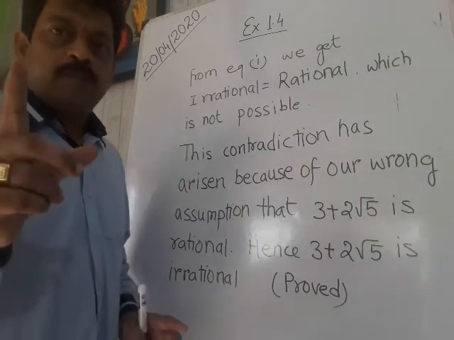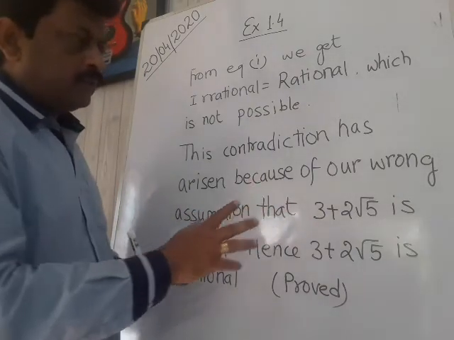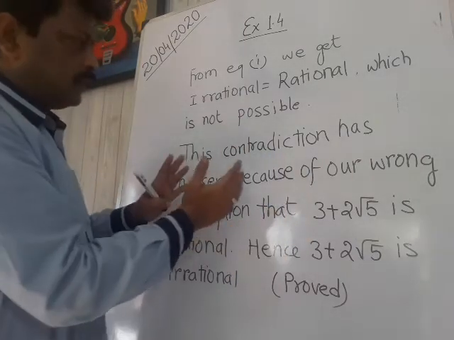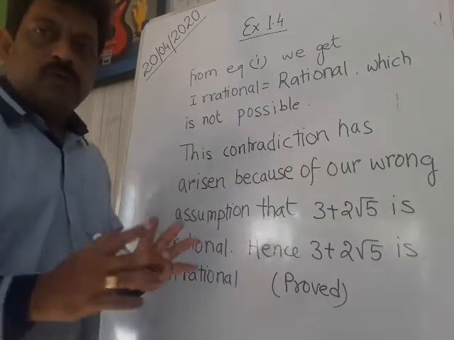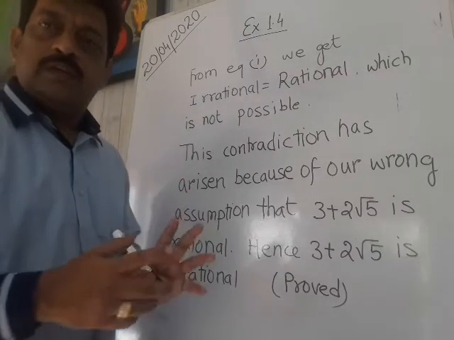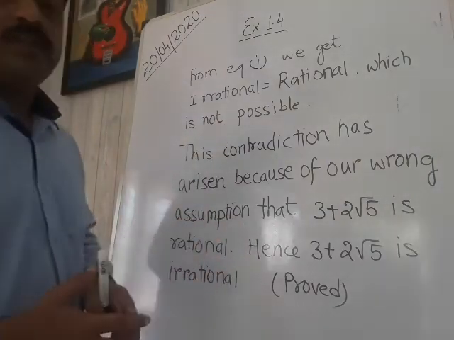And remember one thing, whatever the question of this type, take all the rational part to the right hand side and the irrational part to the left hand side. So you can show that rational is becoming equal to irrational, and that is not possible. This is the way of doing this type of sum.